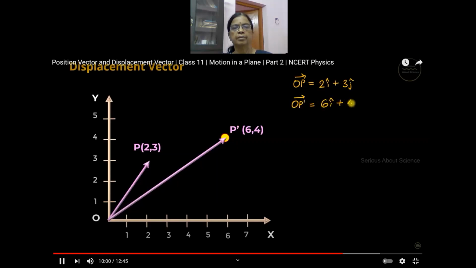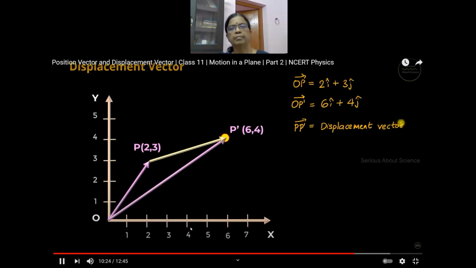Now if I join this initial point and final point, we'll get our displacement vector. So here the displacement vector is the vector PP dash. And we know that displacement only depends on the initial and final point. It doesn't depend on the path taken by the body.